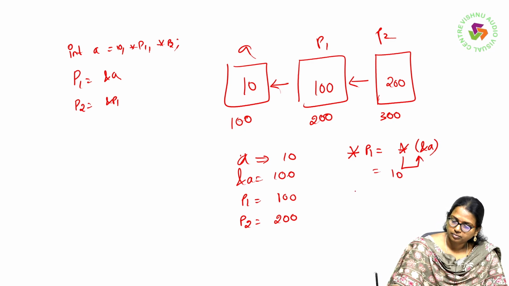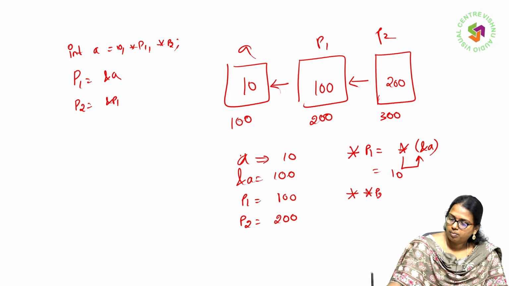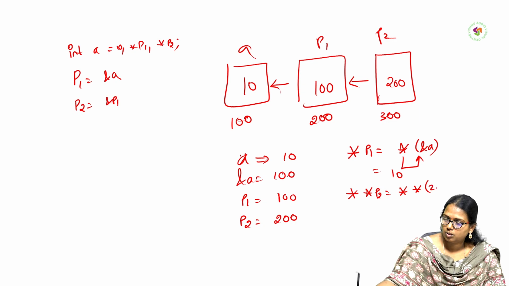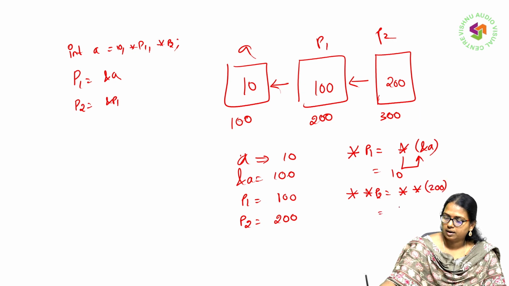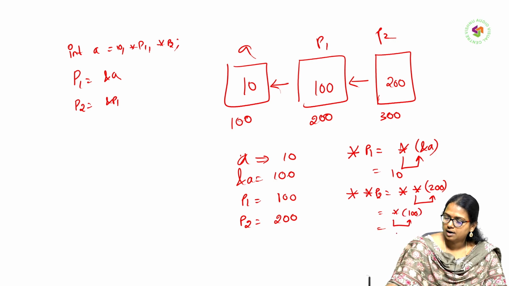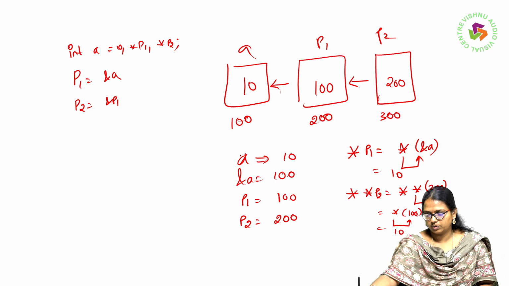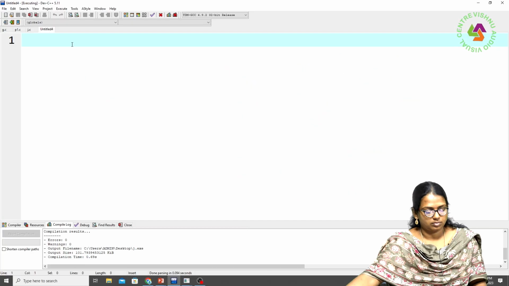Next, **P2: what is P2? 200. Value at 200 is 100. Value at this 100 is how much? 10. So we'll see this concept with an execution here.